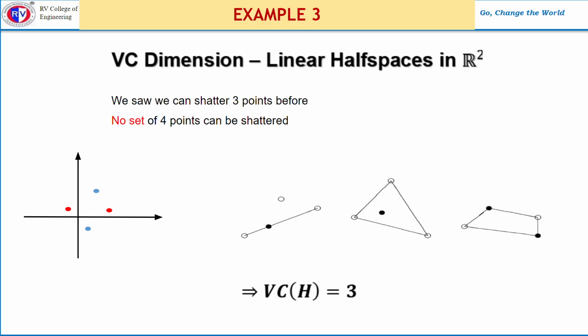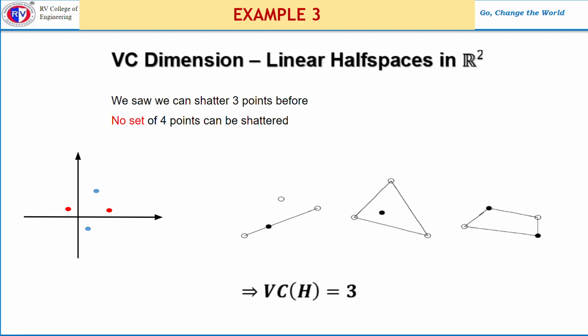Now we come to a third example, which is linear half spaces in R squared. We have already analyzed this kind of hypothesis using the shattering concept that we learned earlier in this PPT.